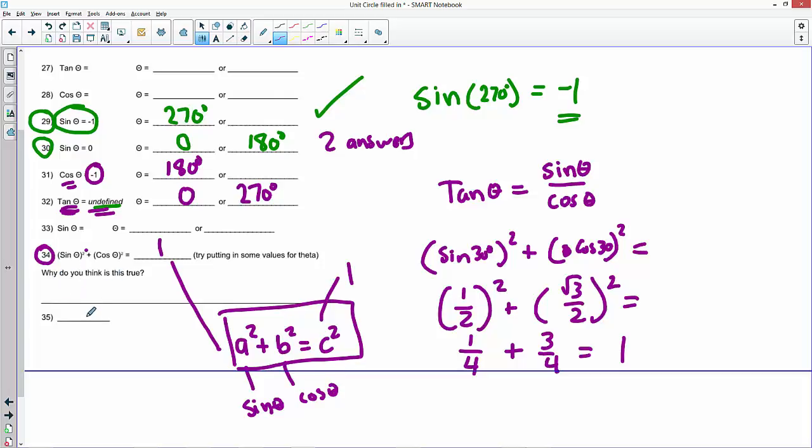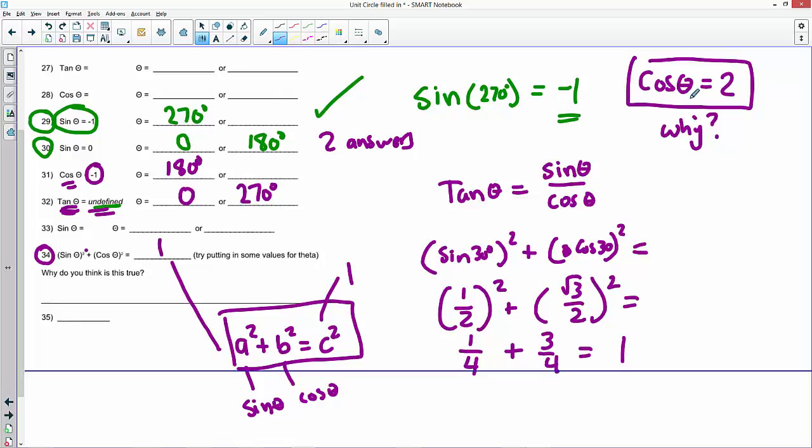Okay, and I know there was one other question which we covered in one of the other sheets, where somebody said, why is this a ridiculous question? I don't remember which one it is, but you can just write it down. Why would a teacher not ask you this, right? And that's the question the teacher will ask you, right? And we just talked about this a little earlier. Why? No matter what you plug in for theta, you plug in 90, you plug in 180, you plug in 0, you plug in 30, you plug in 60, you plug in 99, you can never get it to equal 2.